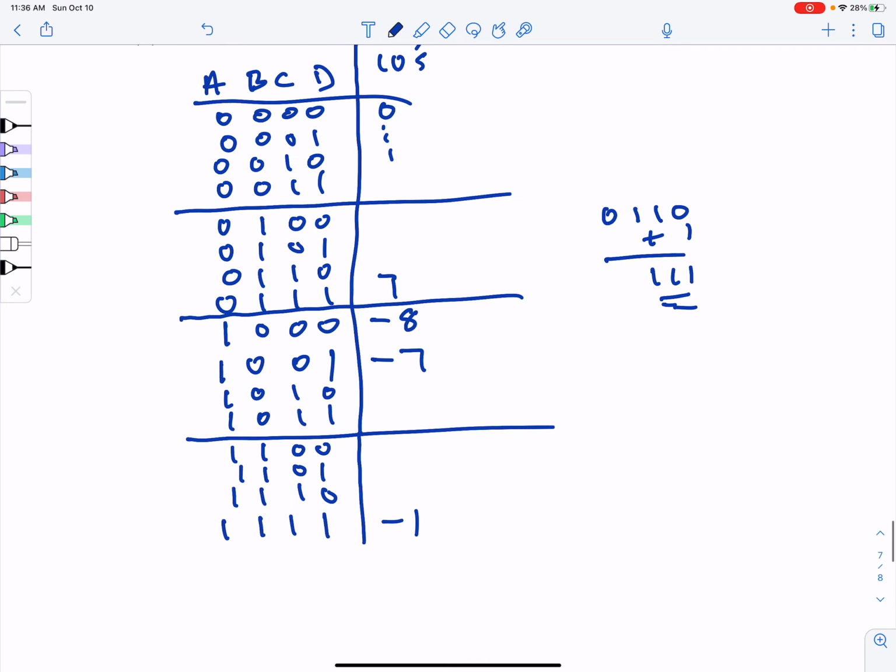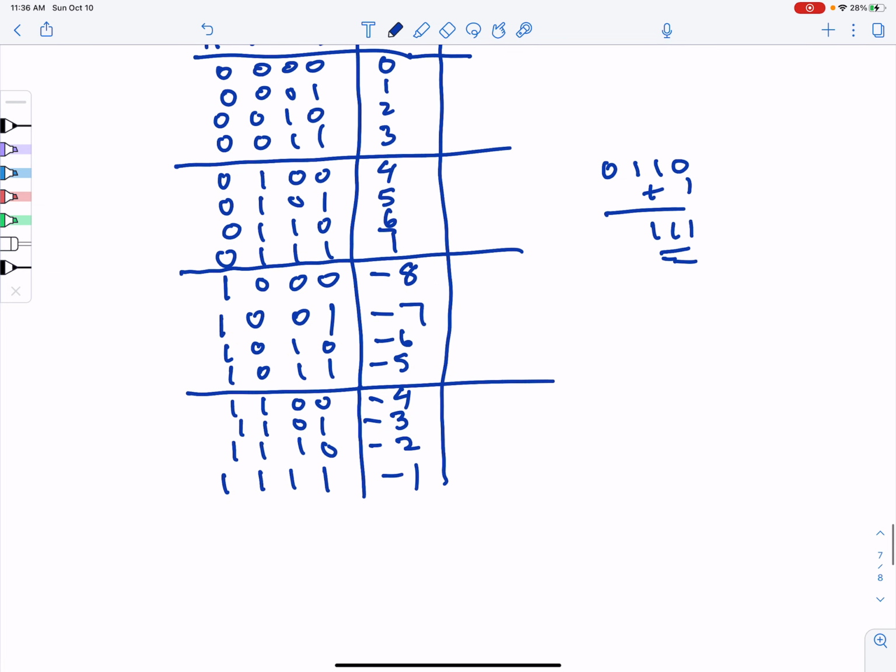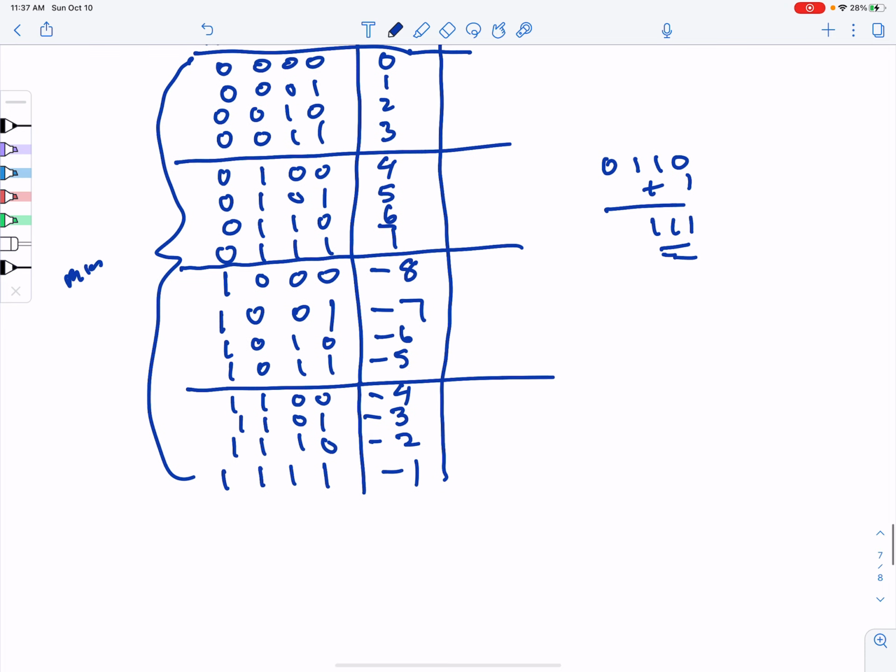Let me put the whole table in here: 0, 1, 2, 3, 4, 5, 6, 7, -8, -7, -6, -5, -4, -3, -2, -1. This is the signed representation showing up in this truth table. On this side we have the minterms, 0 through 15.